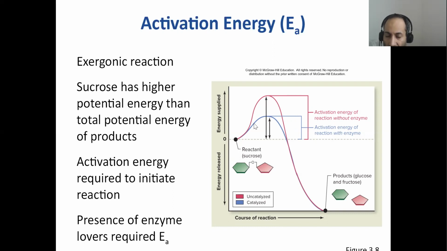A reaction that has catalysts or enzymes added to it needs far less activation energy to get going versus an uncatalyzed reaction that needs a whole lot more activation energy to get going, okay? So that's what you have to remember. Catalysts or enzymes lower the need for activation energy. They make the reactions go by faster.